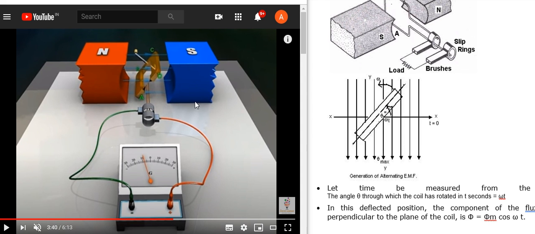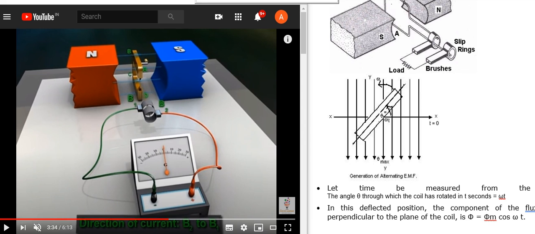Initially the coil is at rest position. When it starts rotating, it shifts by an angle omega t. The rest position is considered as this parallel direction, the initial position where the galvanometer shows zero deflection. That is, the coil is lying along the x-axis.